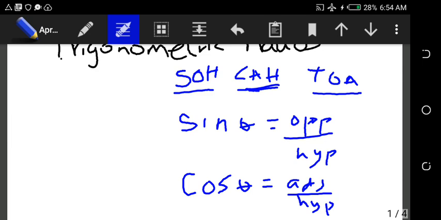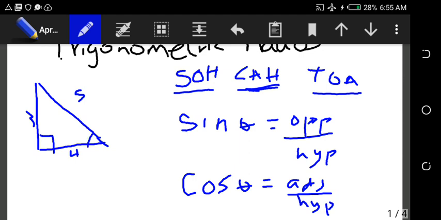Now, assuming that we have a right angle triangle labeled as follows: here is 5, here is 4, and here is 3, and we have our theta here. This is an angle, let's call it theta.